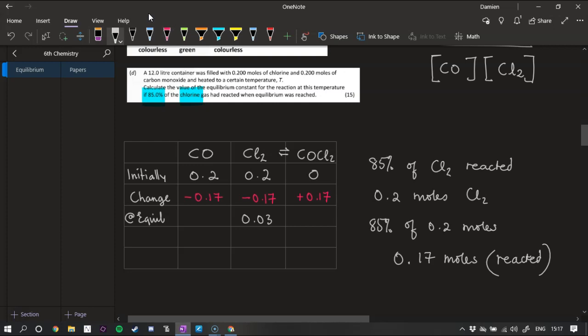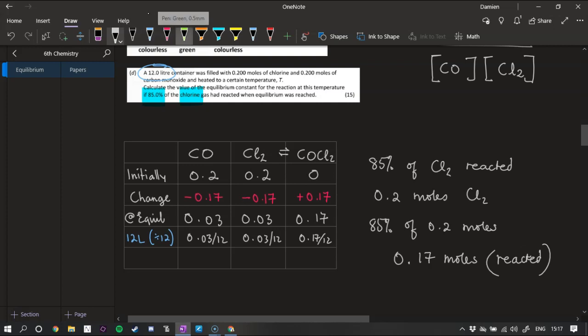We can work out the equilibrium here as well, which is 0.03. And because this is initially 0, the change is plus 0.17. This is also 0.17. One thing we've got to be careful of here is we are dealing with a 12-litre container. So a 12-litre container means that you have to divide everything across by 12, because everything has to be done in a 1-litre container. So 0.03 divided by 12, and 0.17 divided by 12.